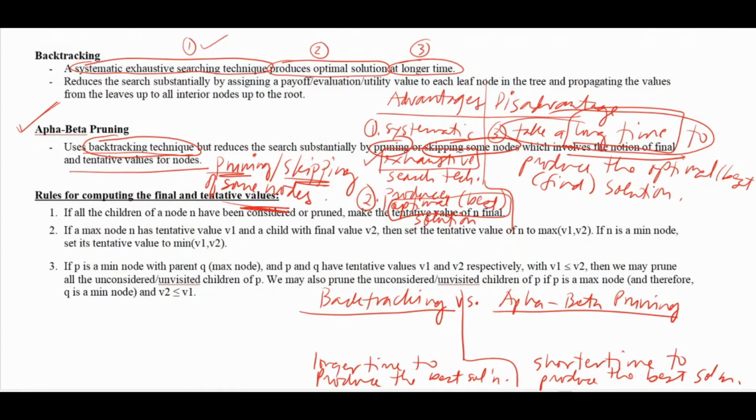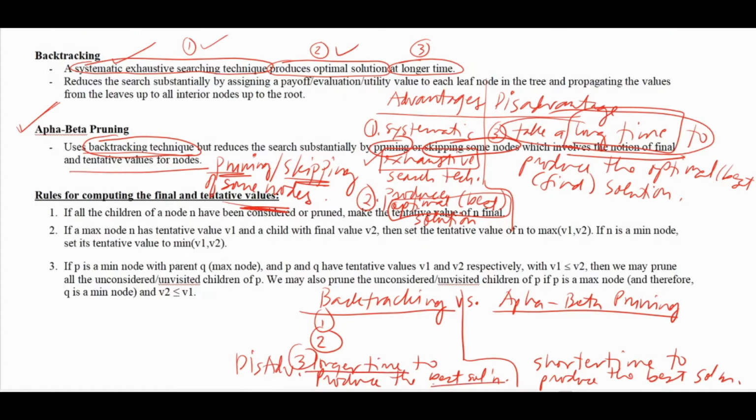So for backtracking, number one, the description is that it is a systematic, exhaustive searching technique. Second, it produces the optimal solution. And the third, which is considered a disadvantage, is that it takes a long time to produce the optimal or the best solution.